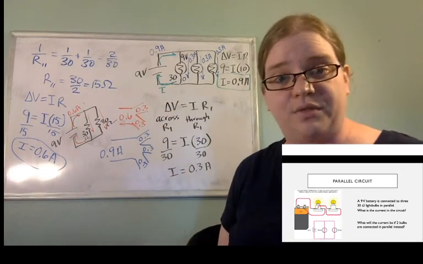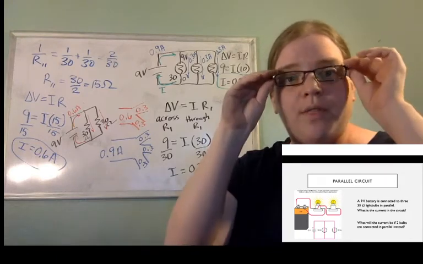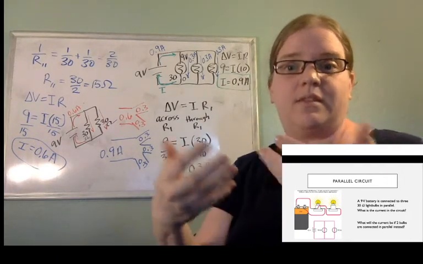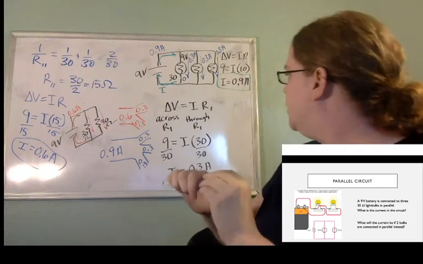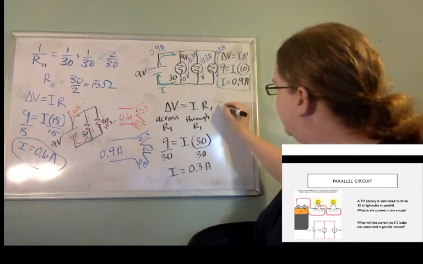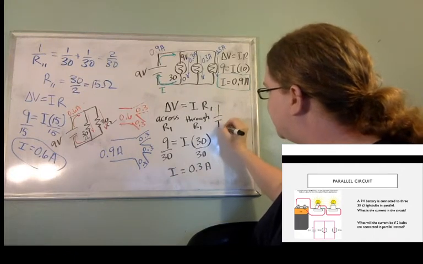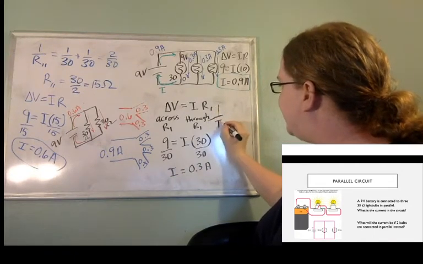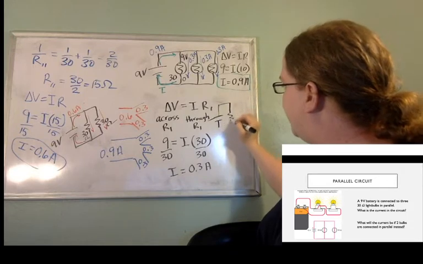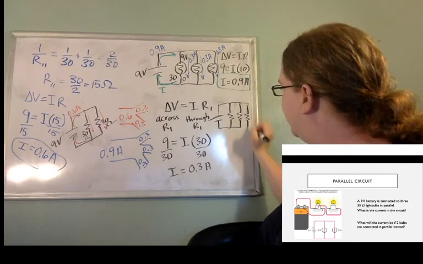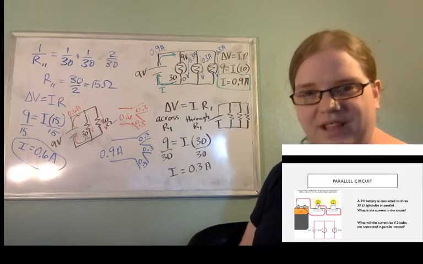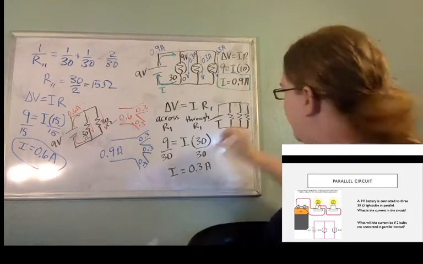And then the other cool thing is we know that when we remove one, the rest of them stay lit up. So let's draw that in my little remaining space. I've got my battery here, I've got my resistor here, and I've got these 3 in parallel, and now I'm going to remove one.